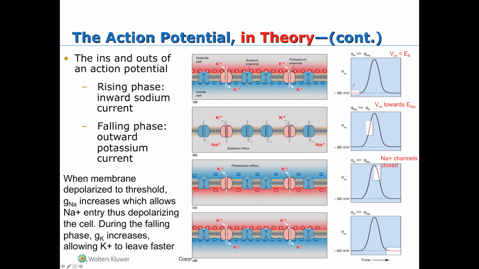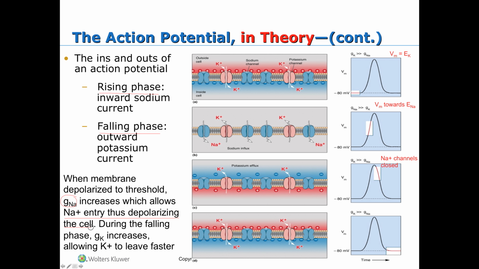The different phases of the action potential: you have the rising phase, which is due to an inward sodium current, and your falling phase, which is due to an outward potassium current. When the membrane is depolarized to threshold, remember, at activation threshold, you are going to have a depolarization occur. Your conductance of sodium increases, and this is what allows sodium entry.